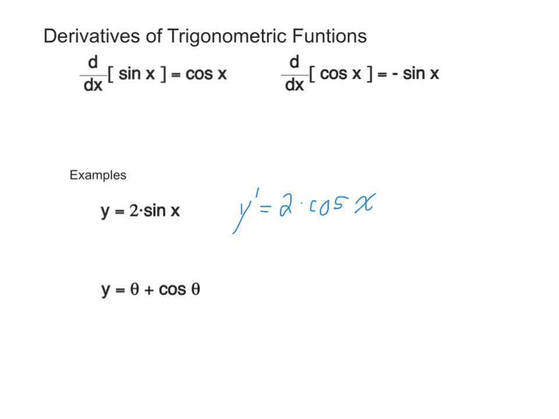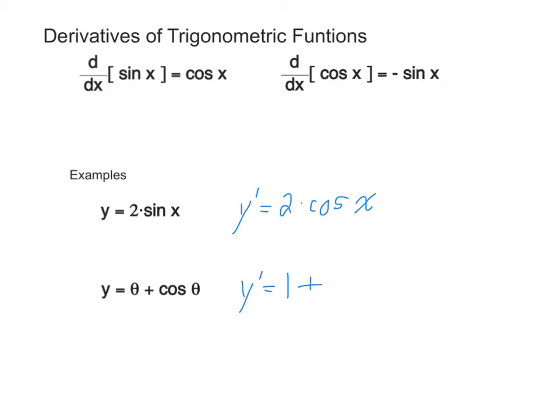Down in the second example, I've changed the x into a theta. That's because usually when you work with trig, the values are typically angles. So you'll see theta a lot. This is just like an x. It's a variable. So, since theta is just like an x, a variable, its derivative is also 1.